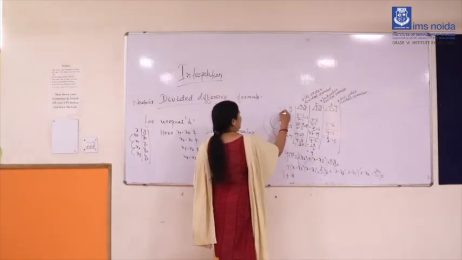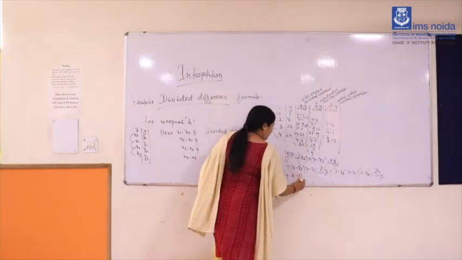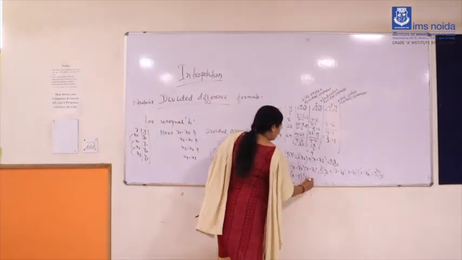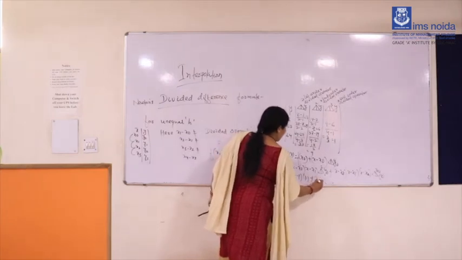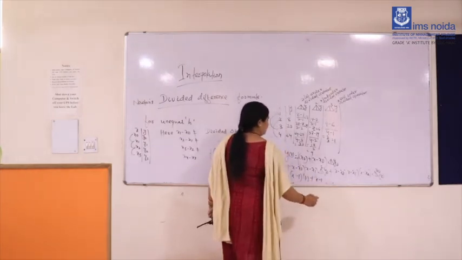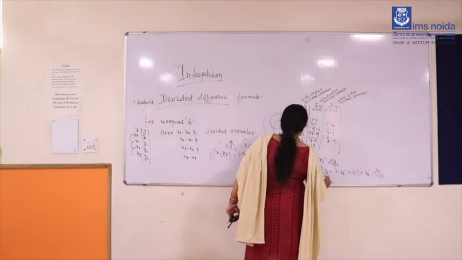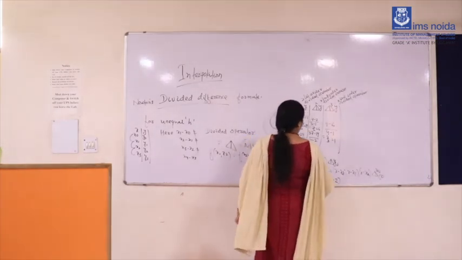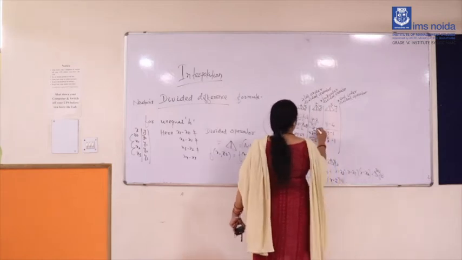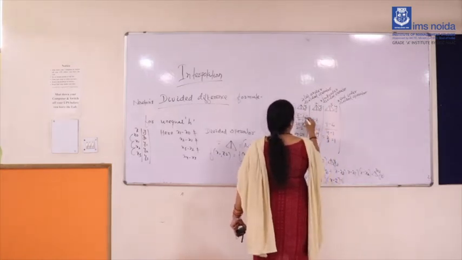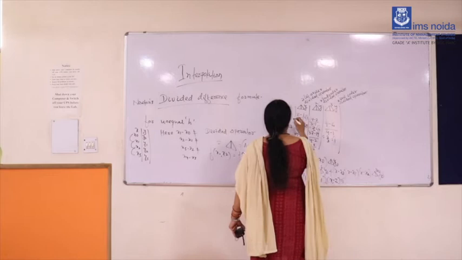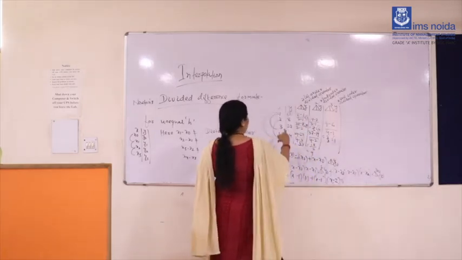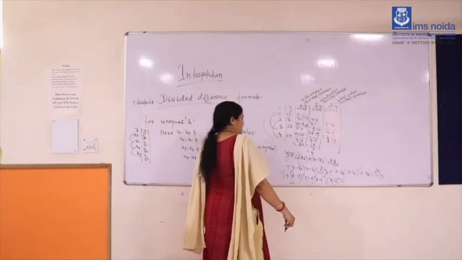This is your x0, x minus 1, first order y0 will be 7, plus (x minus 1)(x minus 2) into 6. In the del square column you take 6, then 7, then 1. The initial y value is your 1.